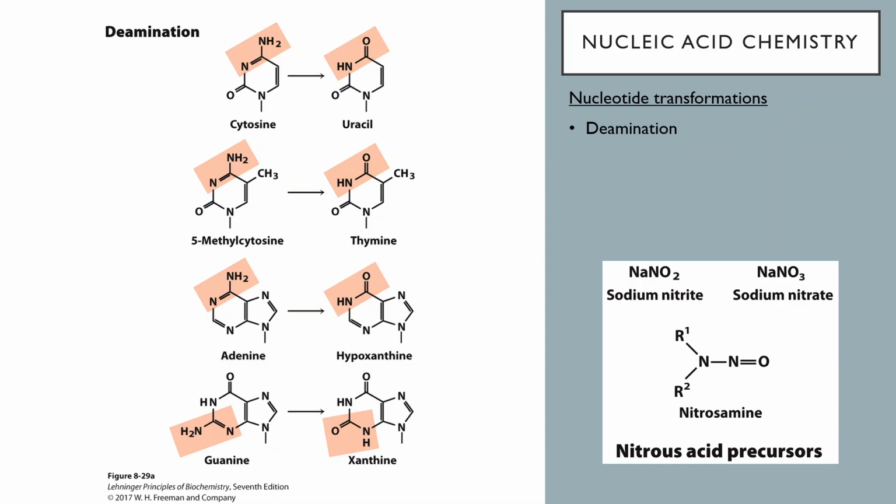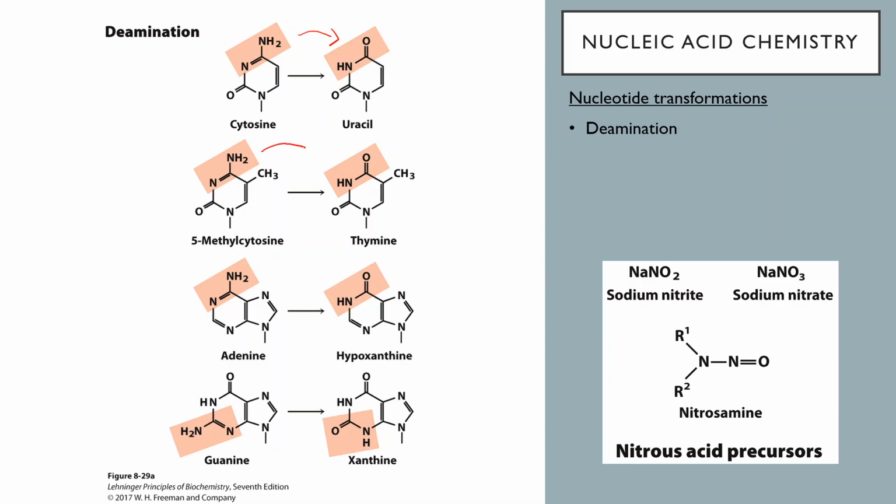One is deamination, which basically just means the loss of an amino group, usually replaced with a carbonyl oxygen. So cytosine, for example, can be deaminated into uracil. So if the amino group is removed from cytosine, it becomes uracil.